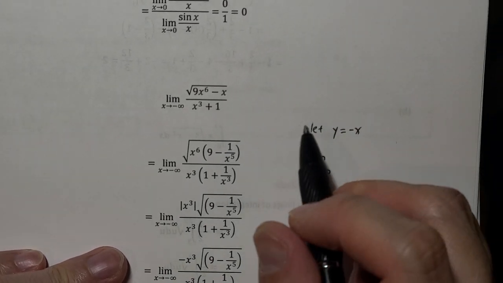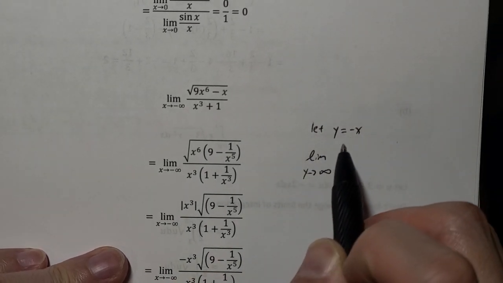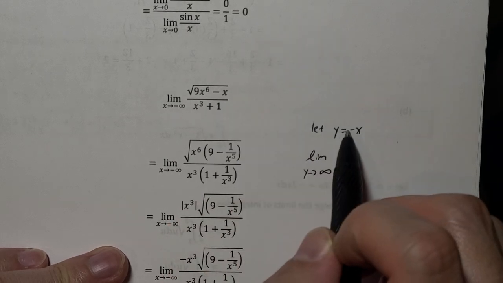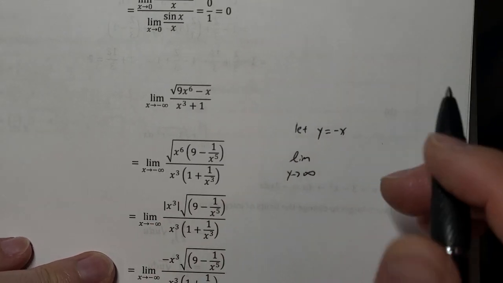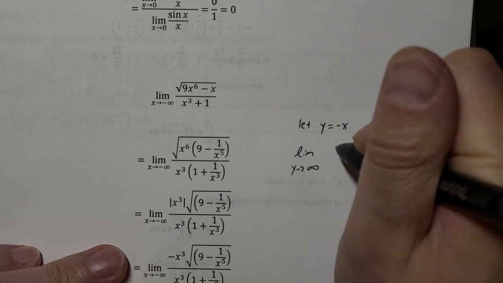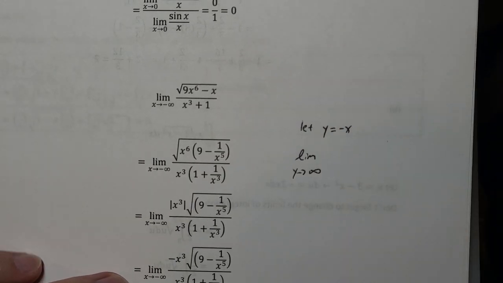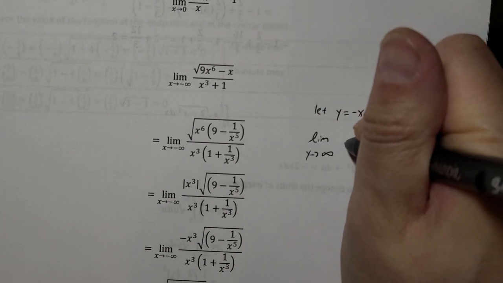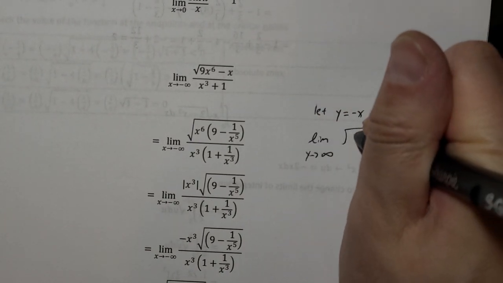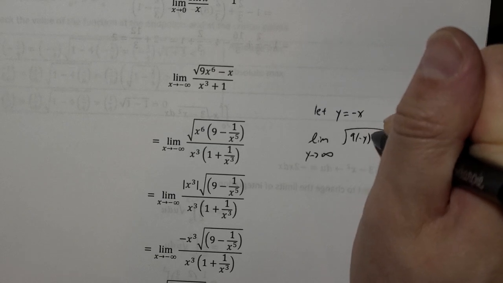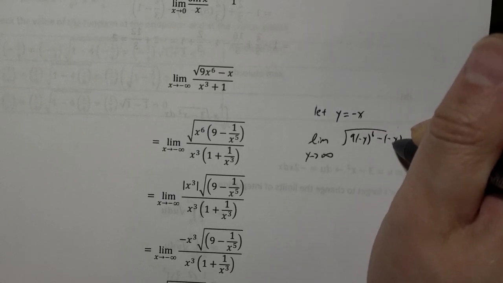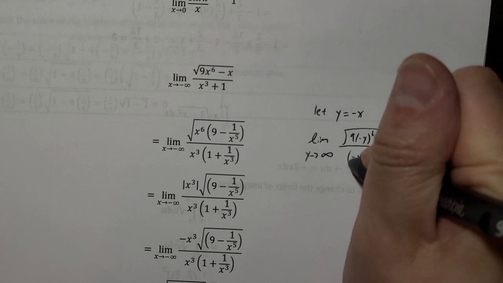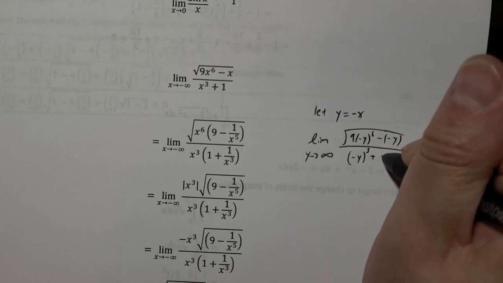And then wherever there's an x, you plug in minus y. So it would be square root of 9 minus y to the 6 minus negative y, over minus y cubed plus 1.